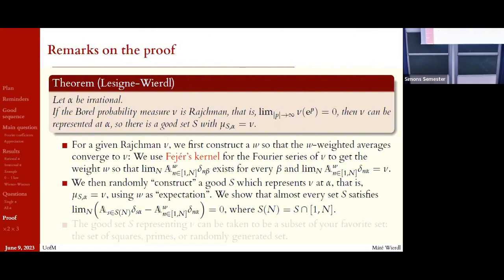So these random averages are compared with the W-weighted averages, which we already know converge to the right thing for us. Okay. And the good set S representing nu can be taken to be a subset of your favorite set: the set of squares, primes, or randomly generated set, many other sets. Actually, we have very little restriction.